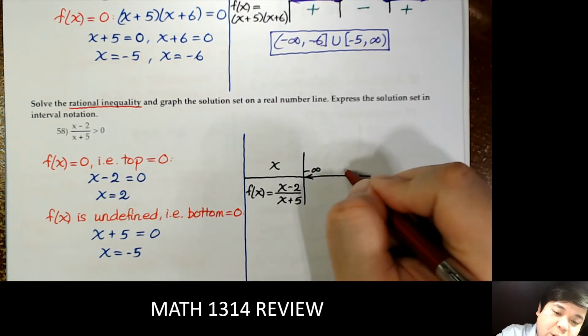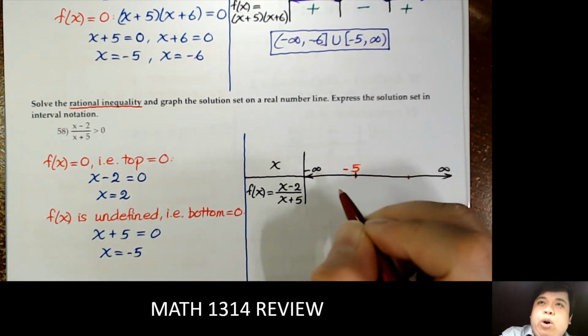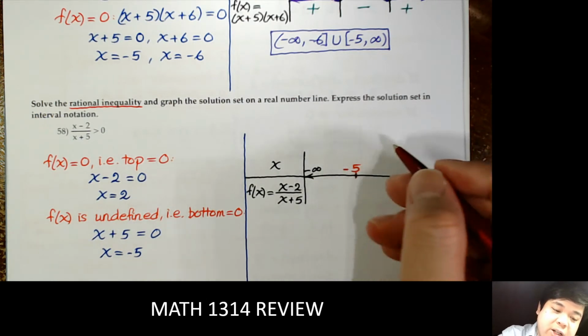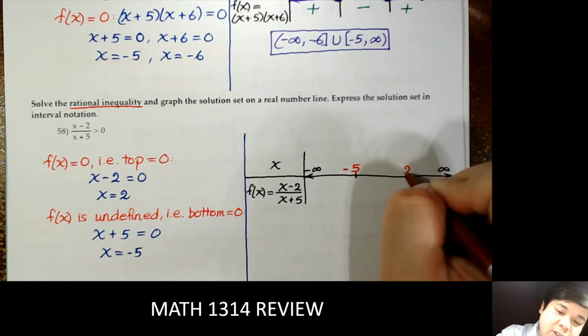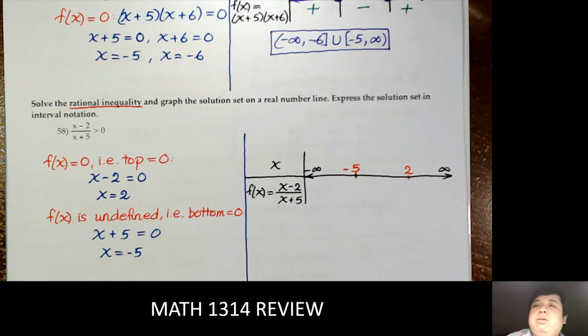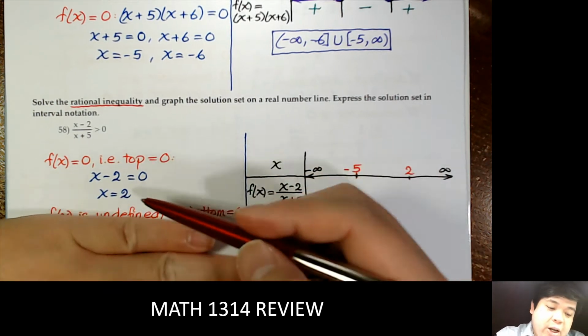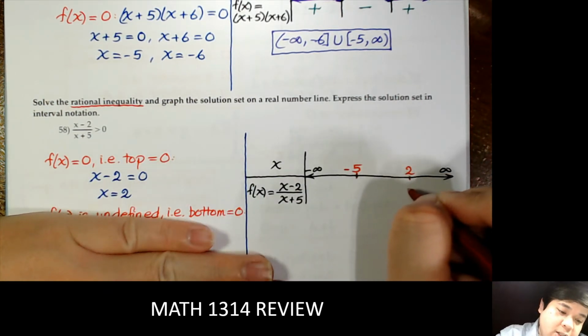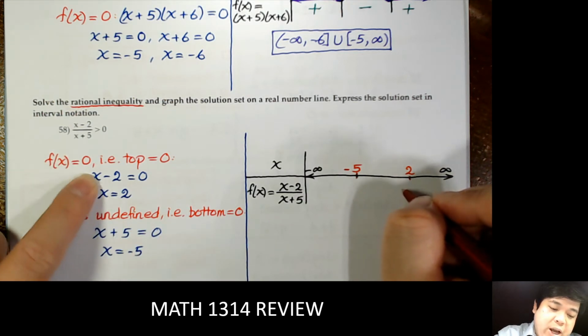Once again, the order does matter. The scale does not matter. So we just need to put them in the right order, like negative 5 and then 2. Right, next. When x equal to 2, that's where the top is 0. So I'm going to make the function equal to 0 when x equal to 2.